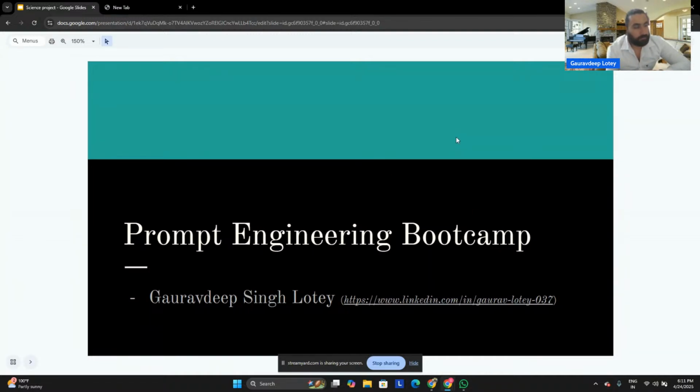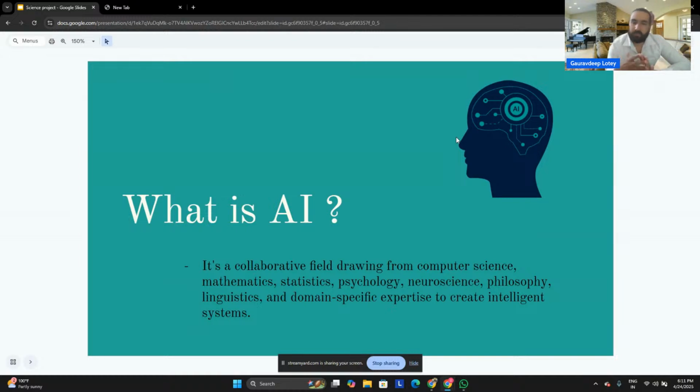Yes. Now, coming back. First of all, let us start from the bare root, right? What is AI? When people ask whether this is only for computer science people, or whether this concept is for a particular audience, this is where I would like to shed some light on the concept of AI.